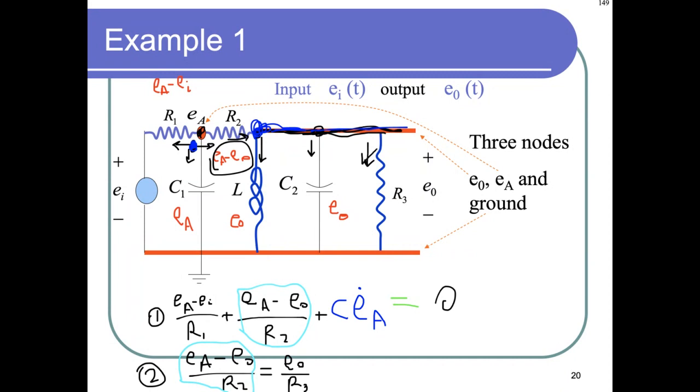Okay, this one is covered. So we need two more. We need a current through the capacitor. Okay, what is the current through the capacitor C2? Using the same formula which we used for C1, it is C2 E naught dot. Okay. Now, what is the current through the inductor? Can somebody help me?